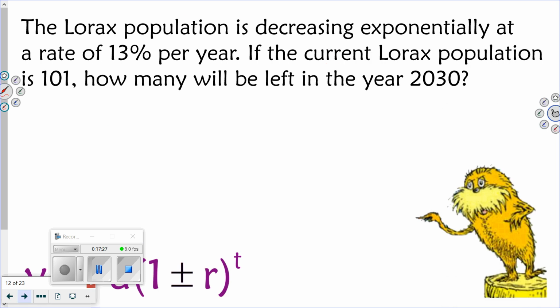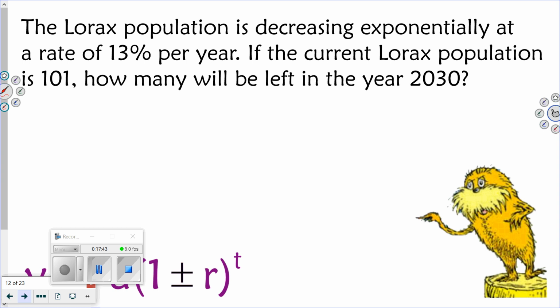All right, the Lorax population is decreasing exponentially at a rate of 13% per year. If the current Lorax population is 101, how many will be left in the year 2030? So is this growth or decay? Decay.